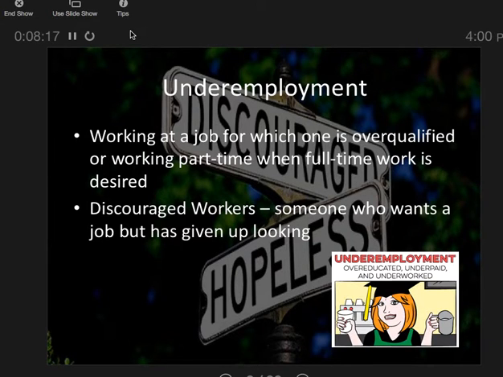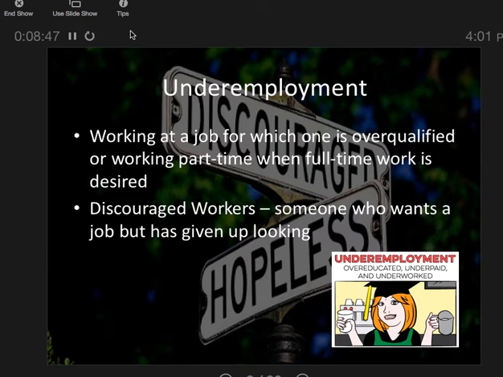The last term for unemployment is underemployment, and this is working at a job for which one is overqualified, or working part-time when full-time work is desired. So underemployment, overqualified. This is something that, not as much, but is still around for our graduates that are graduating from college. They are overqualified for a position and no one wants to hire them.